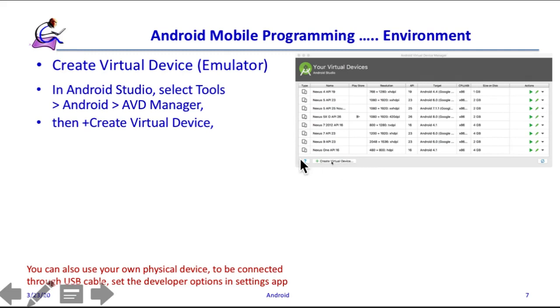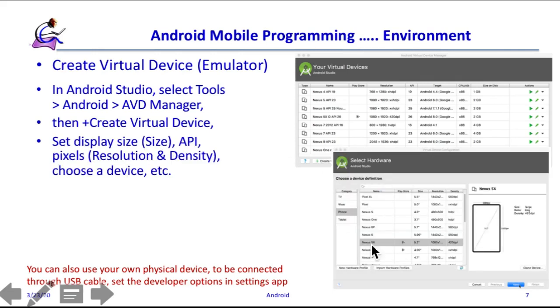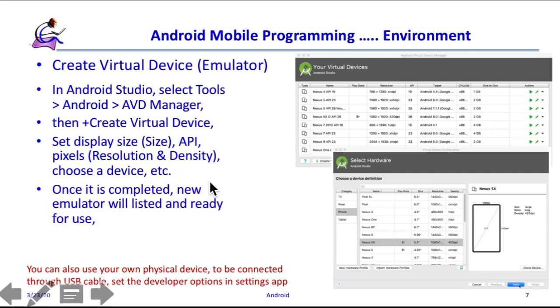While clicking this, the next screen will come, where you can select some display sizes, the API, the pixels, and also the device type if you wish. On the right side you'll see some steps to follow, and you can create by clicking some next steps. There are two or three steps to follow, and based on that you will create your own emulator or virtual device.